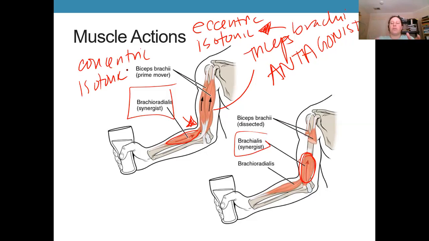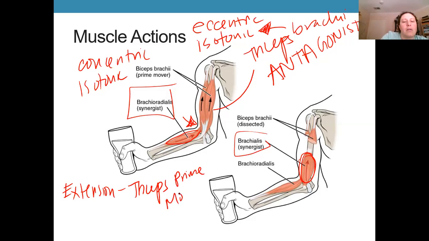We can also see roles switch depending on the activity. So if we reverse and we set the cup down and we start extending at the elbow, then the triceps is going to become the agonist or prime mover. So now extension makes the triceps the prime mover. And the biceps becomes the antagonist.